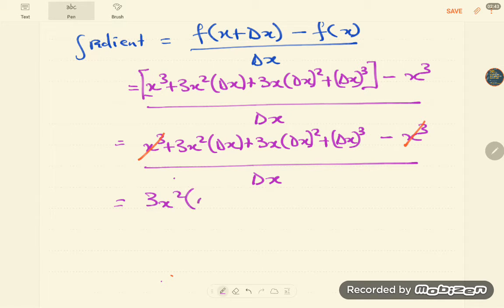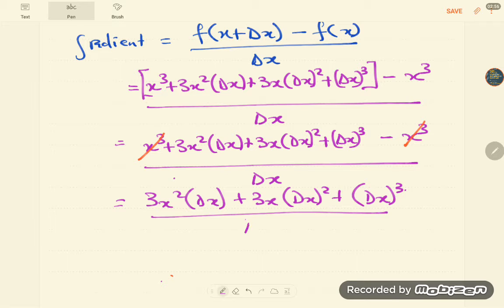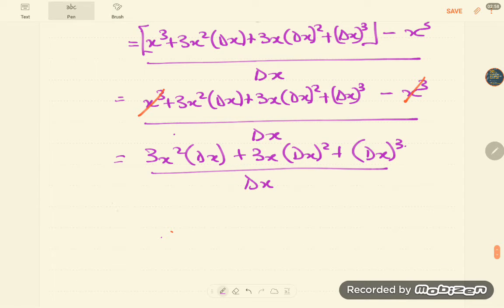3x squared delta x plus 3x delta x squared plus delta x cubed all over delta x. And just so it becomes clear for everybody, I'm going to split this.